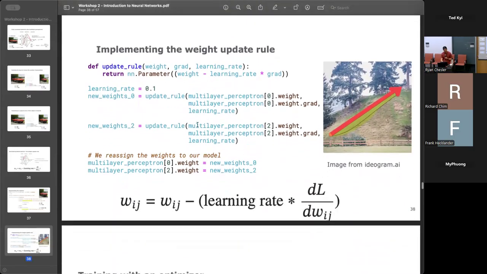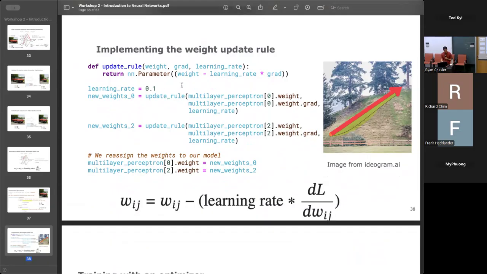So this is them showing how you actually apply the weight updates. I don't think it's super important that you understand this because this is something that's just automatically done by PyTorch. You don't need to do the gradients and the weight updates by yourself.